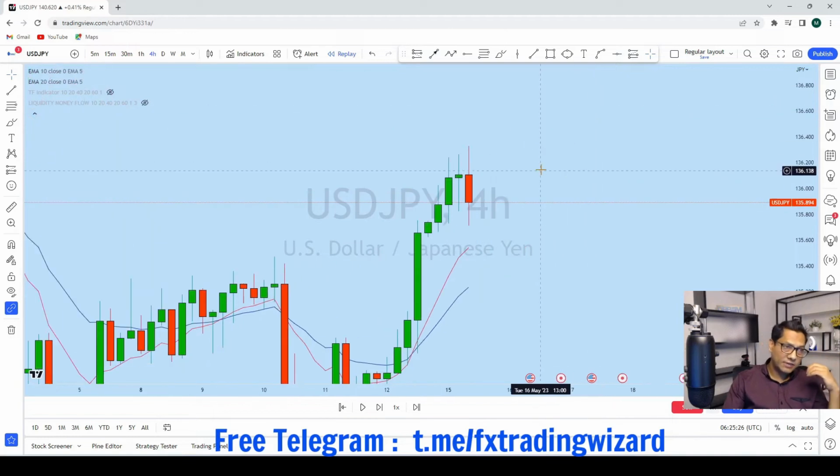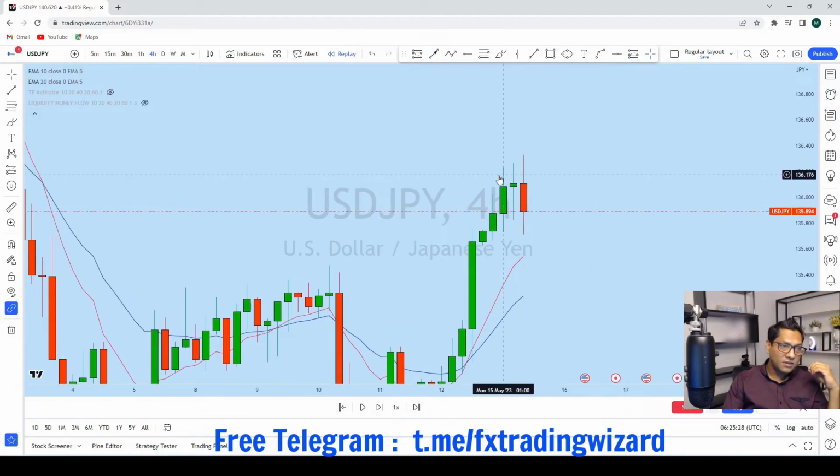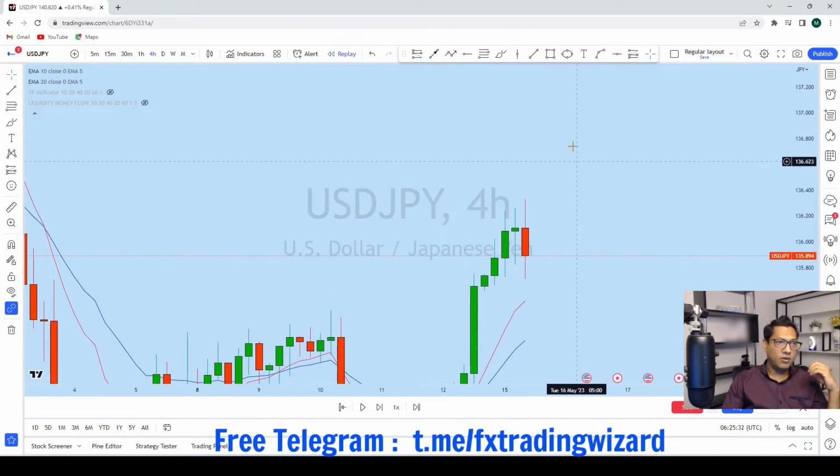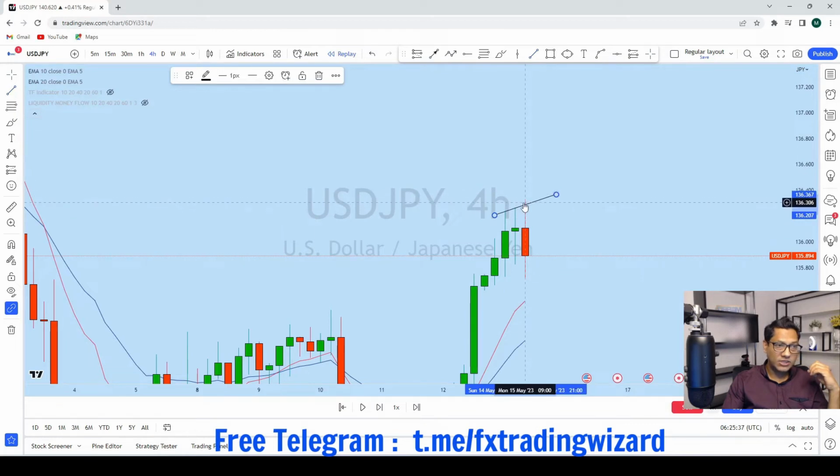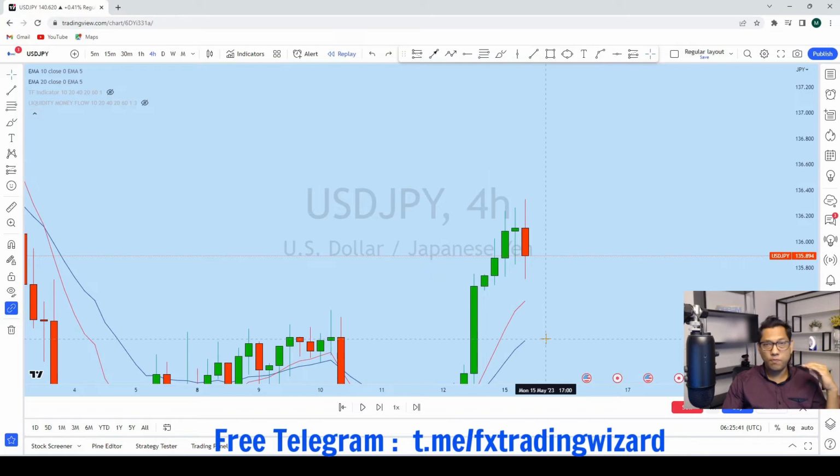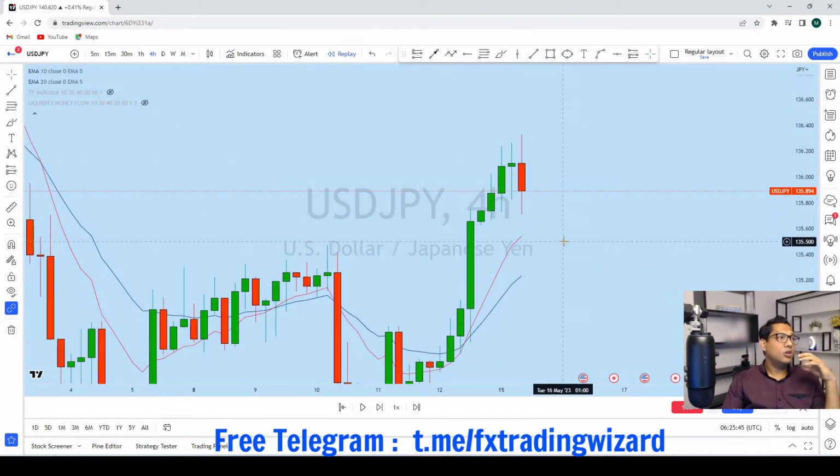Now as you can see, with that breakout from this resistance on dollar yen, if you closely look at this trend line here, the price has broken to the upside, grabbed liquidity, and has crossed back below with a long bearish candle. Dollar yen has grabbed liquidity from the top.